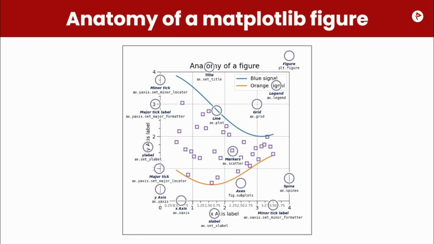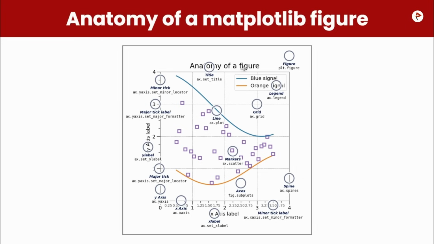First let us understand the anatomy of a Matplotlib figure. We can see many types of figures. While moving on with this topic, we will be seeing line plot, bar plot, histograms, scatter plot and many other types. We'll be getting a figure as an output like this, some graph. So let us understand the anatomy of this Matplotlib figure.